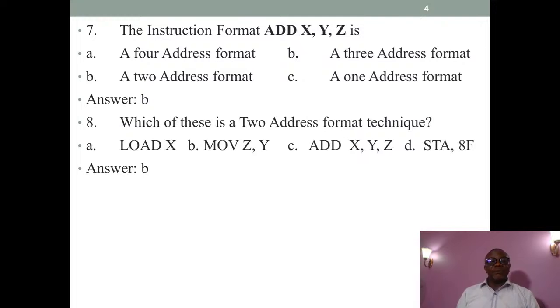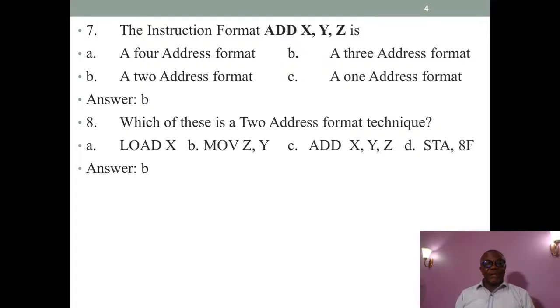The first one will be this, load X. You take data to register X, then you will say add Y. Then you will get what is in Y and add to it and store in X or Z before you complete what the instruction in 7 is doing. So you will have to write 3 different lines of instructions to achieve that if you use option A.